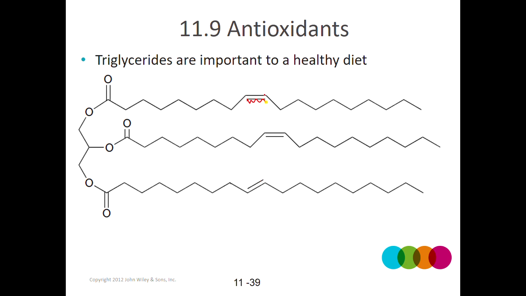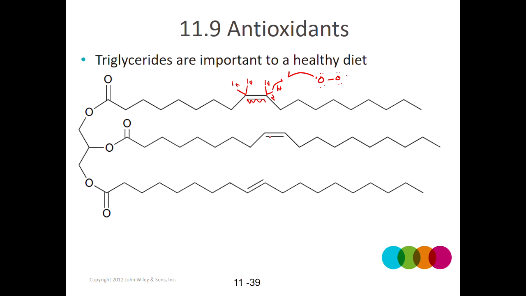If I get rid of this pi bond and I put hydrogens here instead, then autooxidation is a lot less likely to occur, because if an oxygen radical or diradical were to abstract one of these hydrogens, it would produce a secondary free radical that wouldn't be that stable. So it would be going through a pretty high energy transition state. It wouldn't happen very often. So these things have a long storage life.